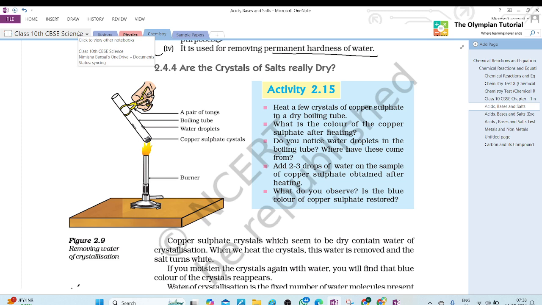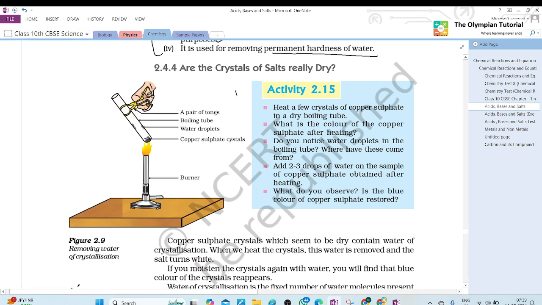Ishan, what do you mean by crystals? Ma'am, they are rocky-like substances which are shiny. Very good, most of the time shiny. As we have sugar crystals, mishri crystals at our home.